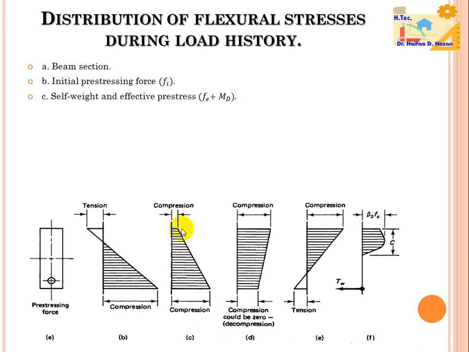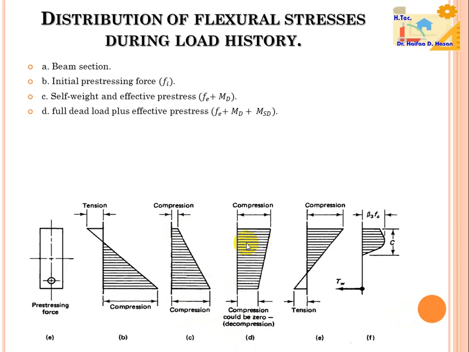And in C, we can see self-weight and effective prestress, compression in the top and bottom fiber, but the compression stresses in the bottom fiber are less than before.